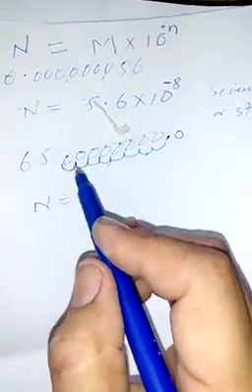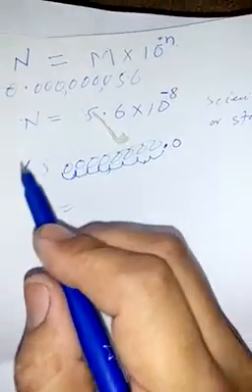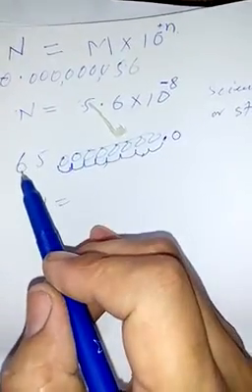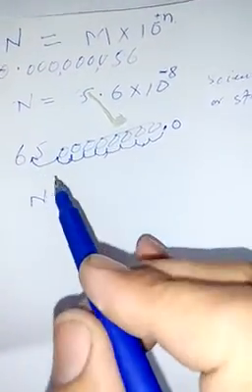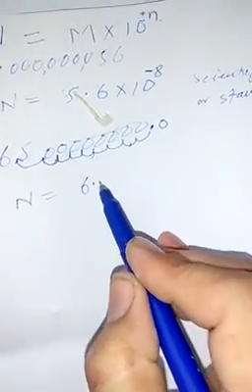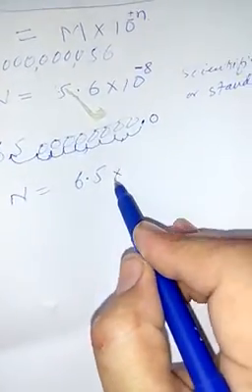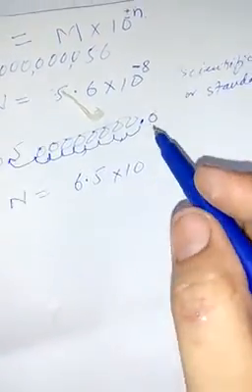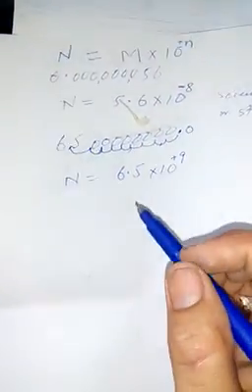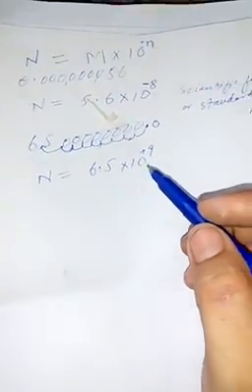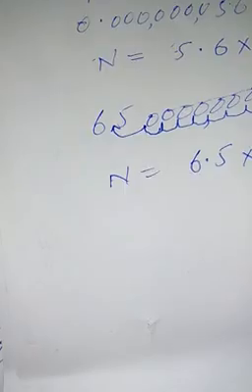We place the decimal point just after the first non-zero digit, which is the 6, so 8, 9. So we give 9 shifts and we write 6.5 × 10 power. Now the power will be increased positively, so plus 9. We do not write the plus, it doesn't matter. So this is the scientific form or standard form.